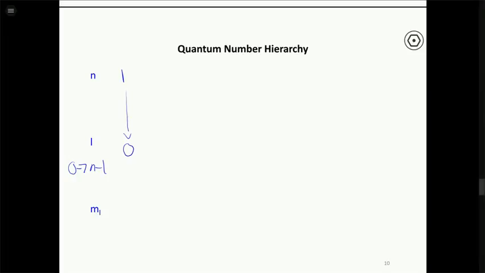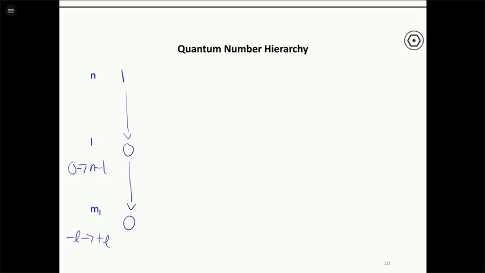And then m sub L is going to be minus L to plus L, as we define. And so if L equals 0, minus L is 0, plus L is 0, and again, you only have one value of m sub L. All right, so each of these are the allowed values when n equals 1.